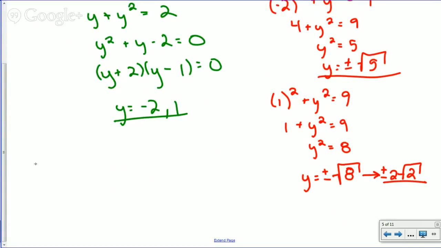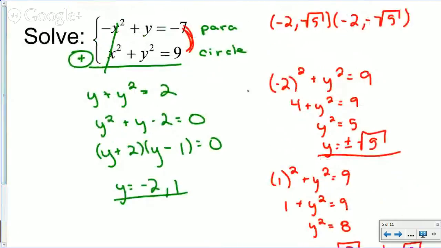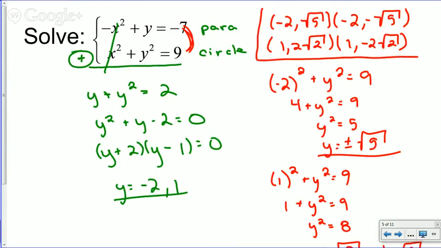So that goes with 1. So we have 2 radical 2, 1, and minus 2 radical 2, 1. So in this case, the parabola and circle create 4 intersections.